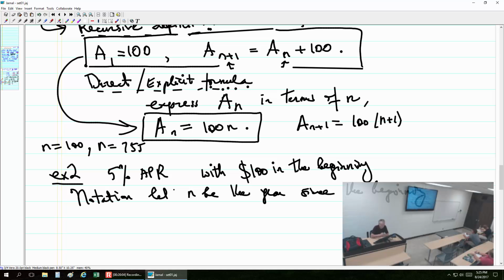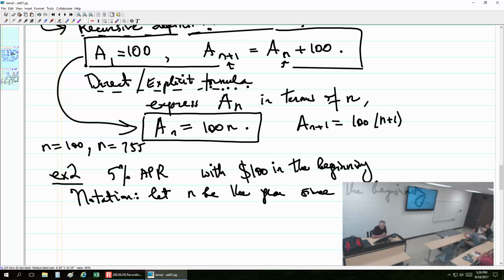Okay, so I want to once again have a sequence that captures the amount of money I have, or will have, or I might have, if I follow this process of not adding any money to the account, just using 5% interest.